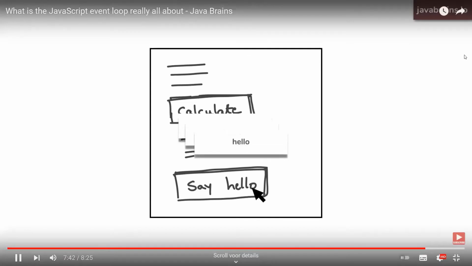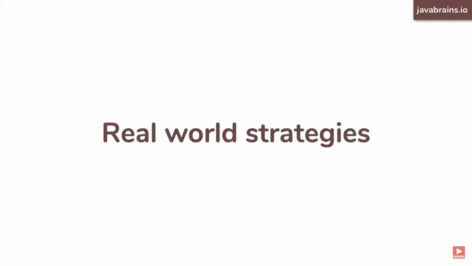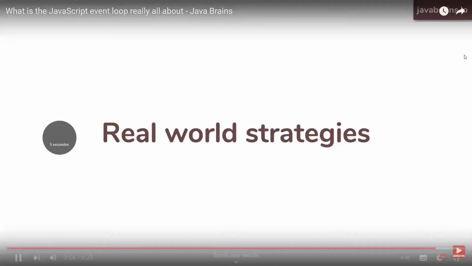See, the JavaScript runtime remembers because every time you click that button, the handler got added to the event queue, and it all got executed by the event loop when that single thread was done doing whatever it was doing. There are a few applications and real-world strategies you can implement in your code.